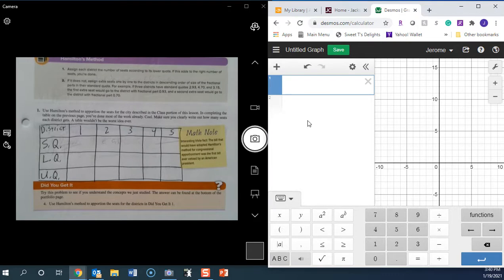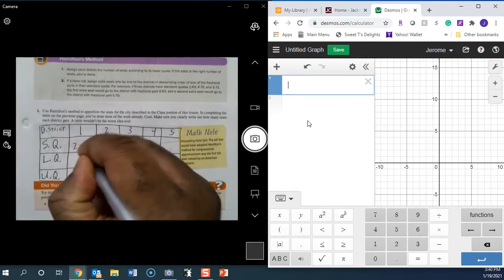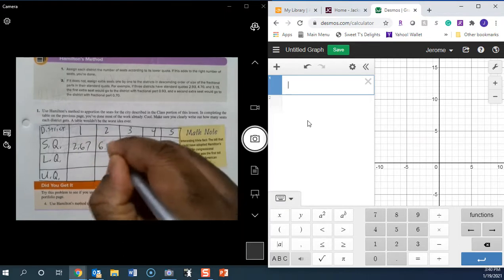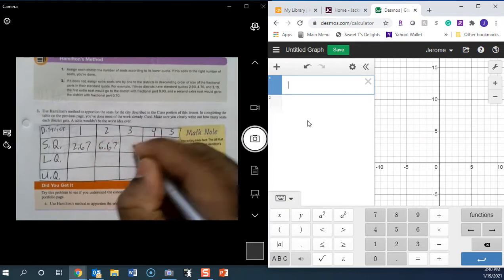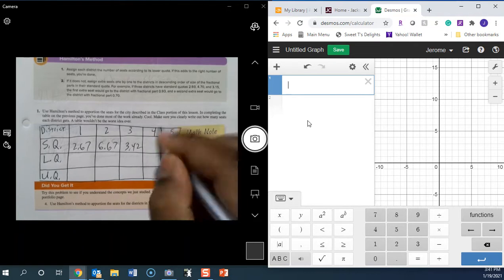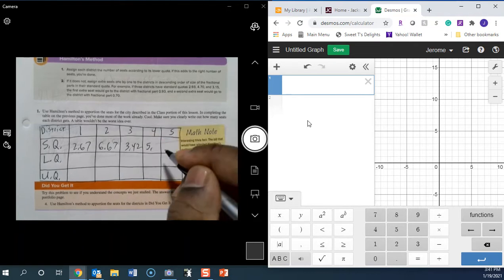Cool. Make sure you clearly write out how many seats each district gets. A table wouldn't be the worst idea ever. I took the liberty of drawing in my own table, but I'm going to rewrite what we wrote on the previous page. The standard quotas for these districts.